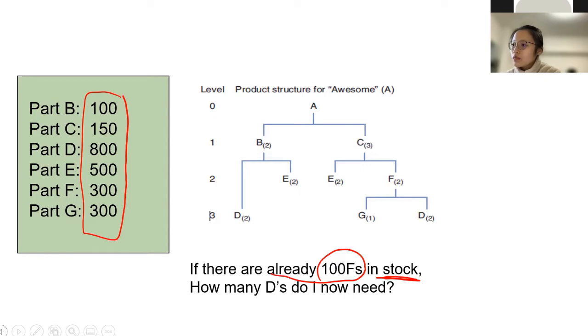But you have another D here, don't forget. So this is 400, this is 200. It's actually 600. So you need 600, not 800 Ds. D is no more 800, you need 600 because you already have 100 F in stock.